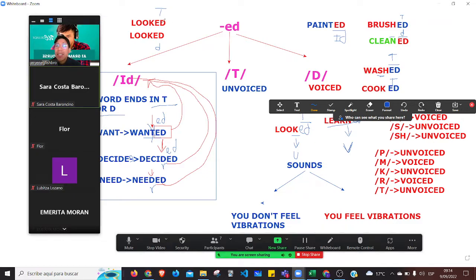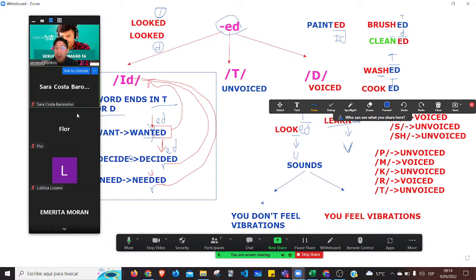You say looked with T, but the second one is looked with D. You notice the difference? Yep. So that would be all about the past or the participle form or the ed sound.